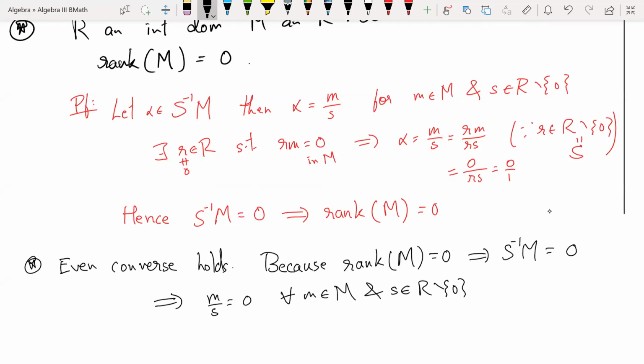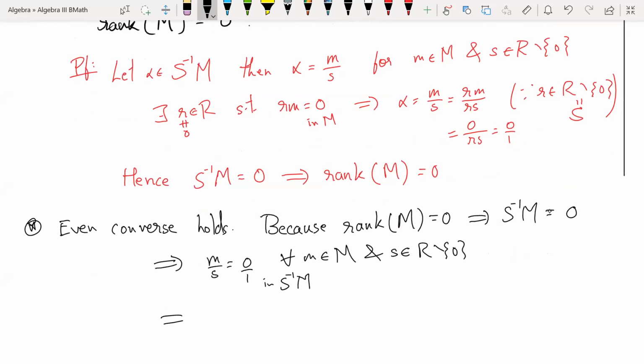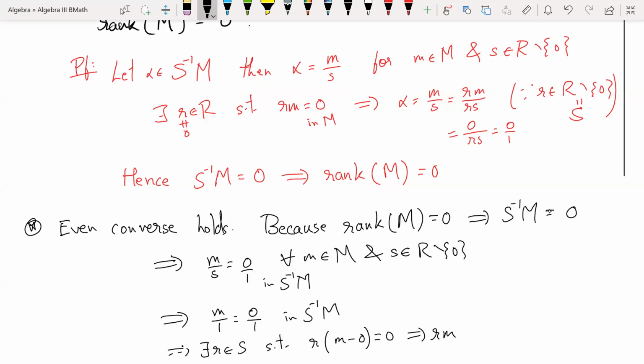So you can take it to be 0 over 1 in S inverse M. But you can take s to be 1, for instance, which implies m over 1 equals 0 over 1 in S inverse M, which precisely means that there exists r in S such that r times m equals 0, which implies rm is 0.